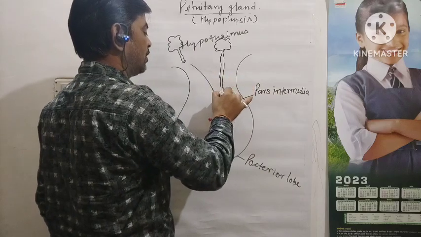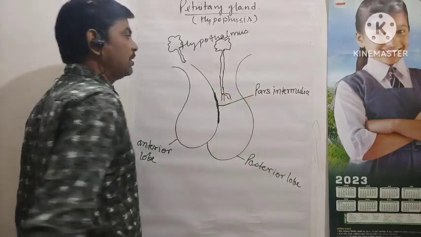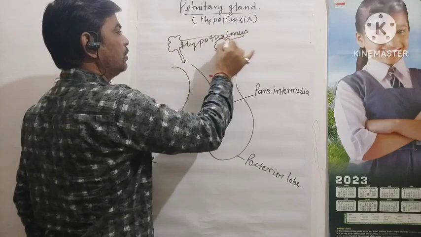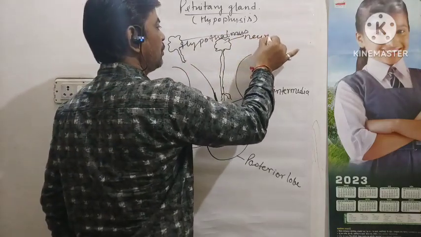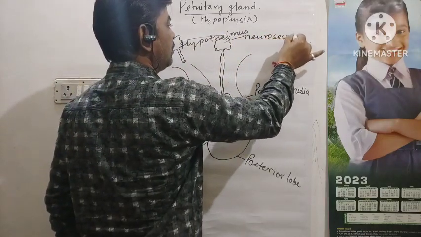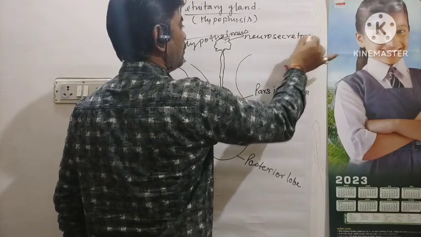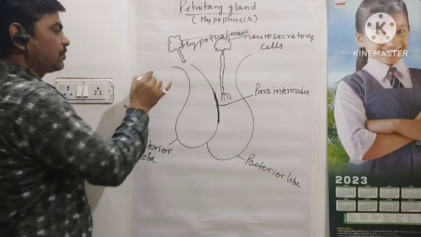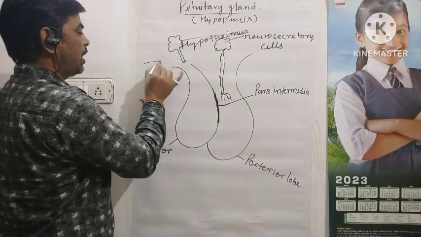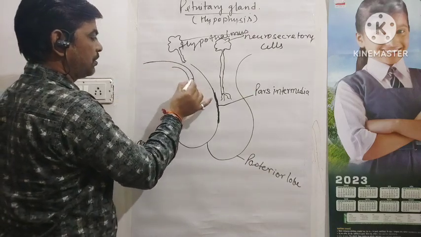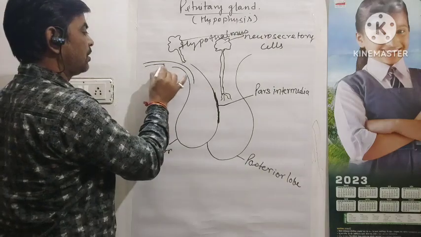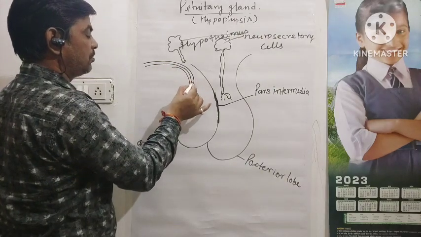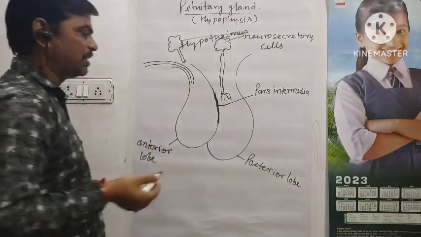This is the axon part of the neuron. Here, through the hypophyseal portal system, the hypophyseal vein, actually.